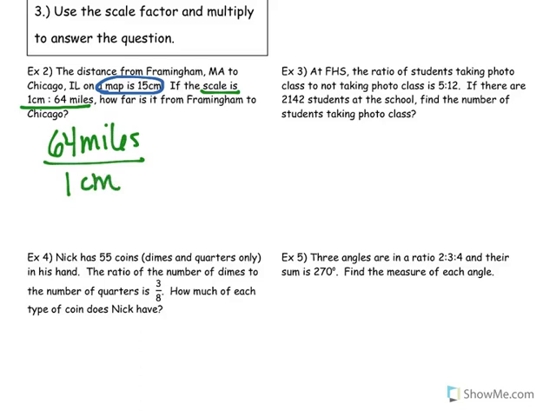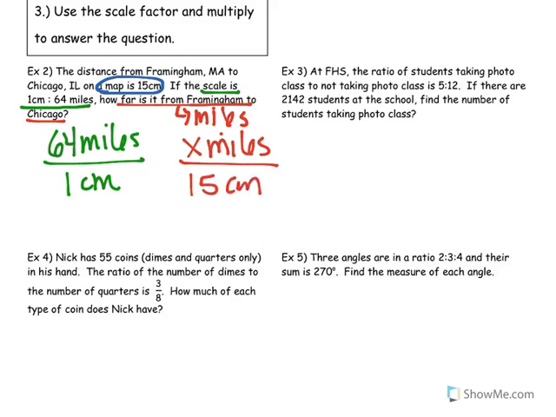That's what they've given me, and I know that I'm comparing miles to centimeters, okay? Now let's determine our unknown. My unknown is how far is it from Framingham to Chicago? Well, that's going to be measured in miles, right? So I need to figure out how many miles I've gone. And they've given me that for however many miles it is on a map, I know it's 15 centimeters, okay?